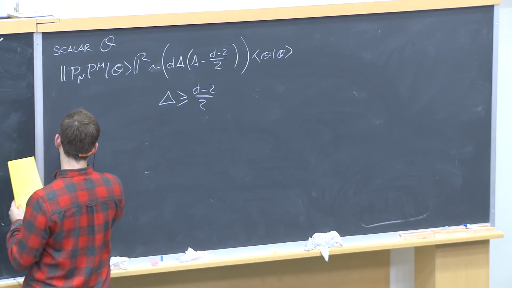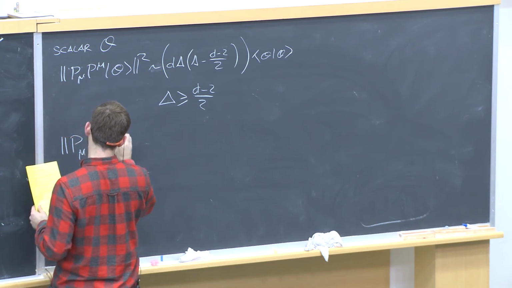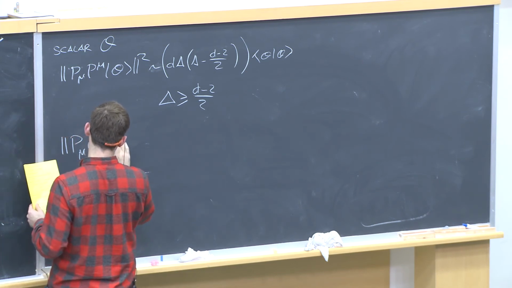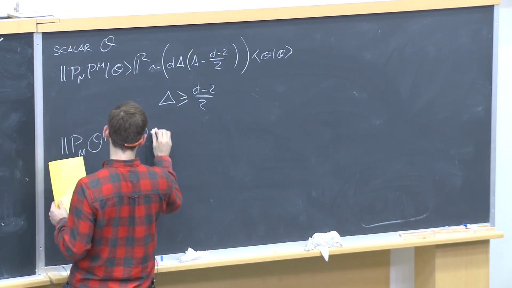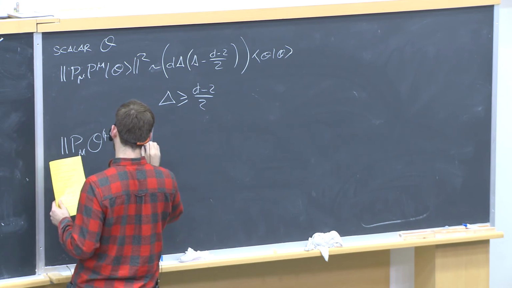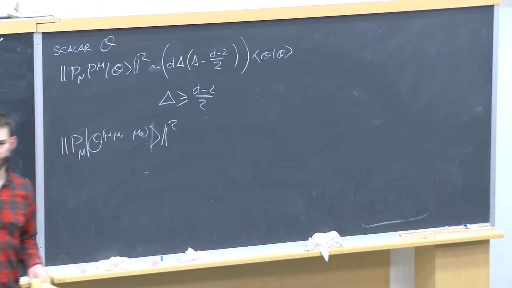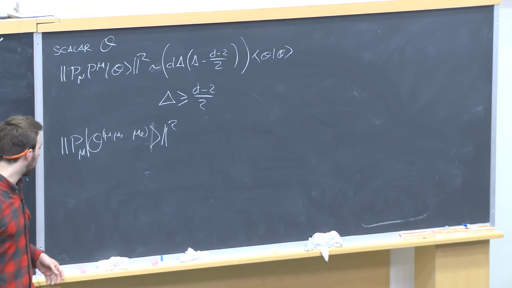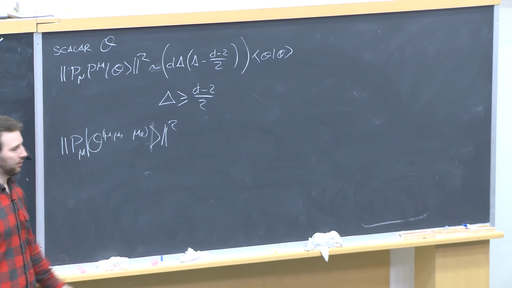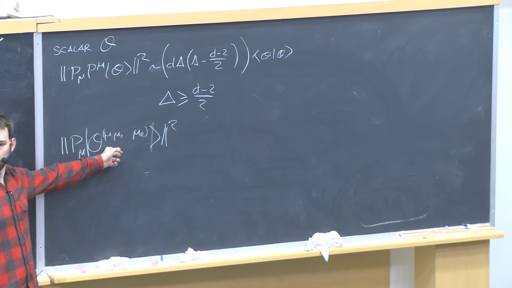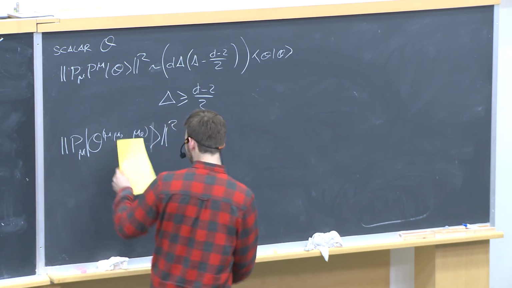You can also look at the norm of a state that you get by acting with some primary, which is in a symmetric traceless spin L representation, and then taking the divergence of that operator. So contracting one del mu.